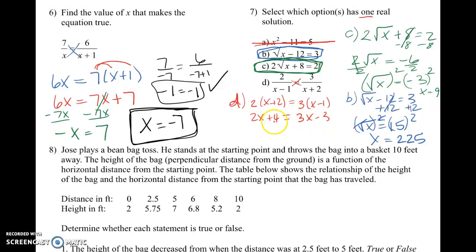I'm going to move my x's to this side, so subtract 2x and add 3. So over here I have 7 equals x. 3 minus 2. So again I get one solution. So B, C, and D all have one solution. I'll continue the rest of the questions in another video.